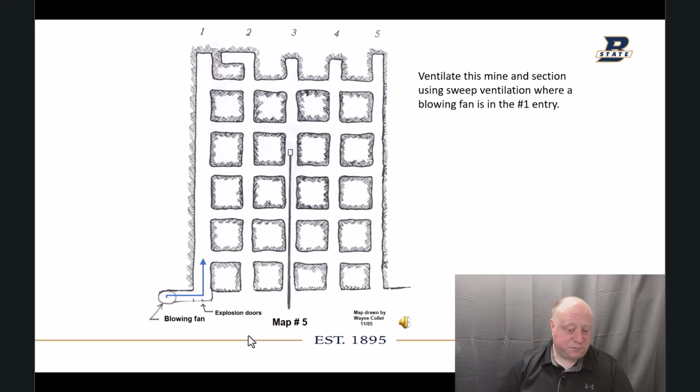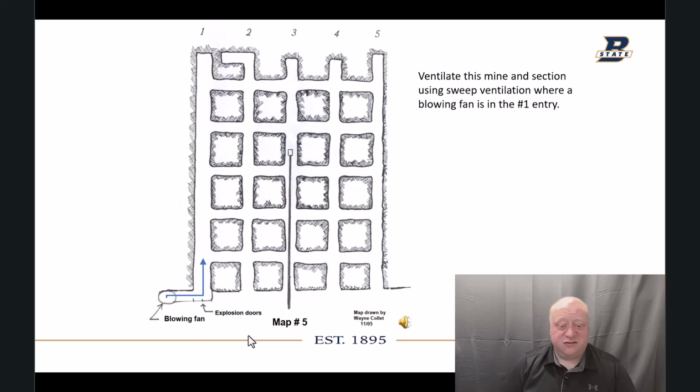This map on the screen was drawn in 2005 for the state of Kentucky, and it's part of their mine foreman training that I shared with the class. So this is where these came from.